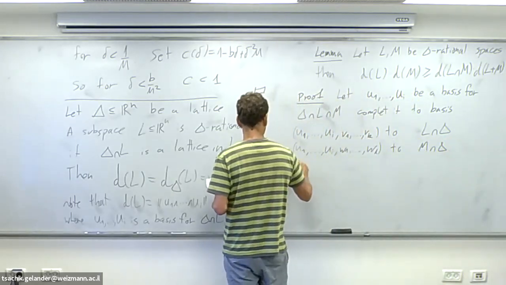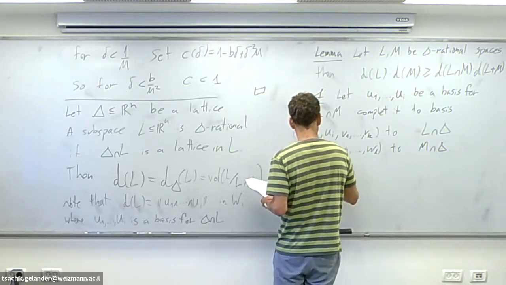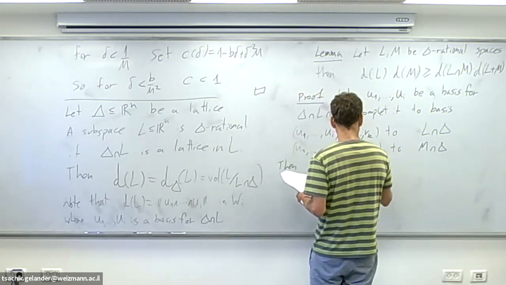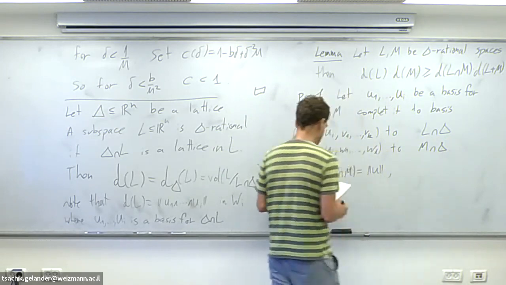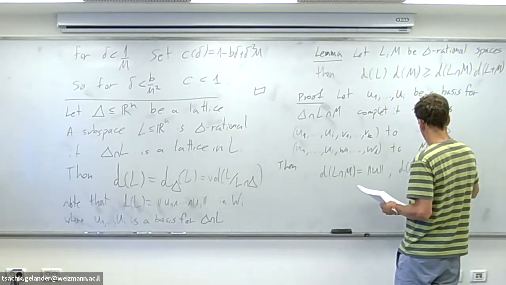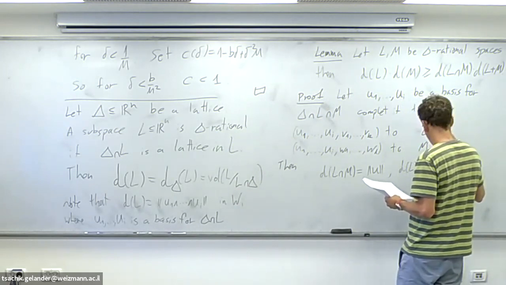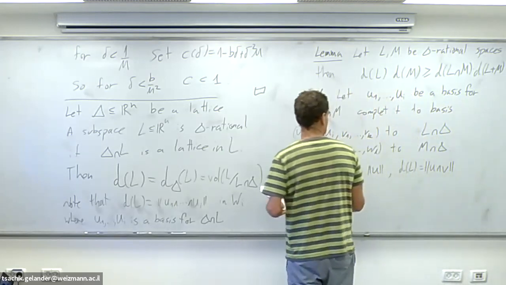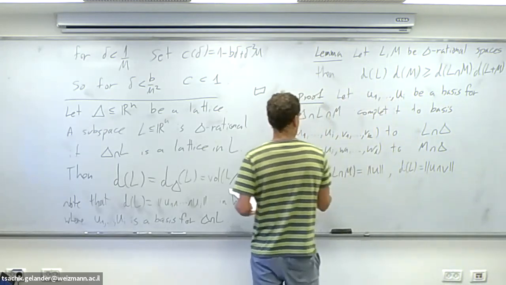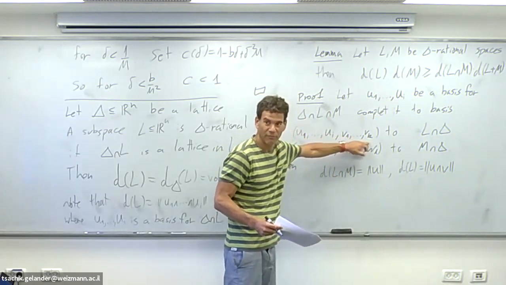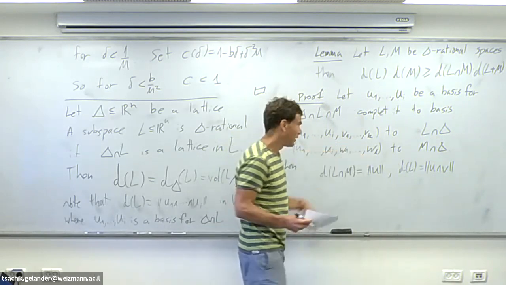So let u_1 to u_i be a basis for delta intersection M, and complete it to a basis: v_1 to v_k for L, and u_1 up to u_i and w_1 to w_l for M intersection delta. Then you see that D of L intersection M is the norm of u, the wedge of u_1 to u_i, and D of L is the norm of u wedge v. It's clear what u is, the wedge of that; v is the wedge of that, and w is the wedge.